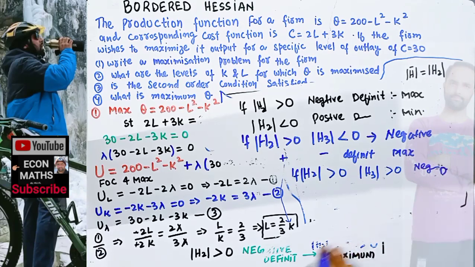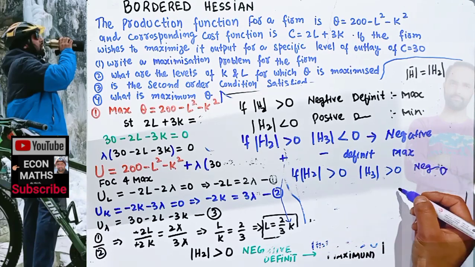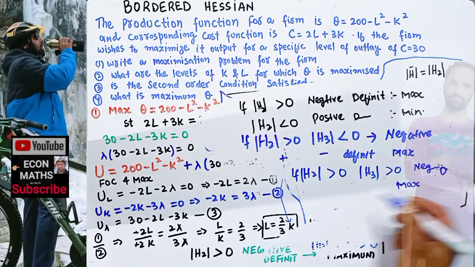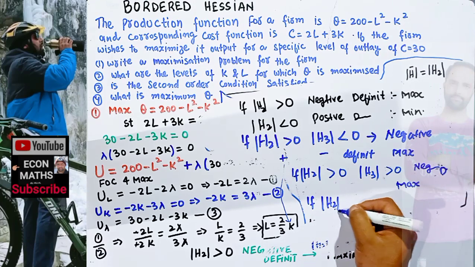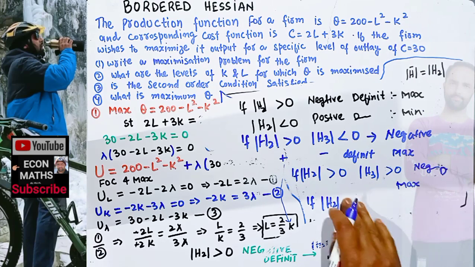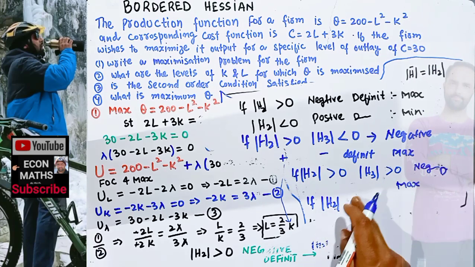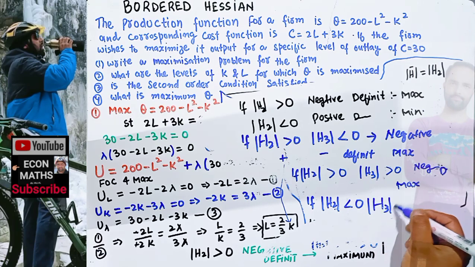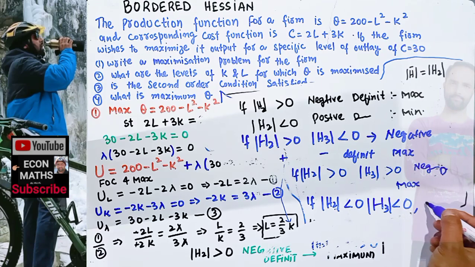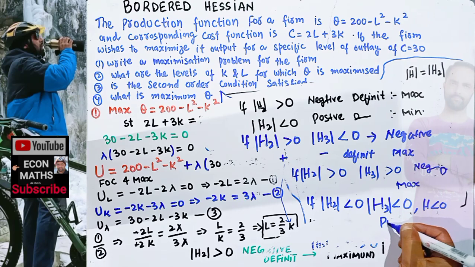It also satisfies the condition for negative definite, satisfies the condition for maximum. If all the principal minors are less than 0, that means H2, H3, and similarly H4, if they are, then we say it is positive definite and they satisfy the condition for minimum.